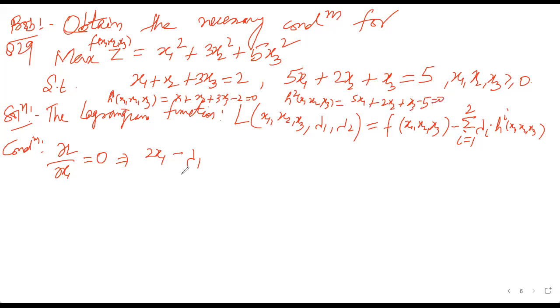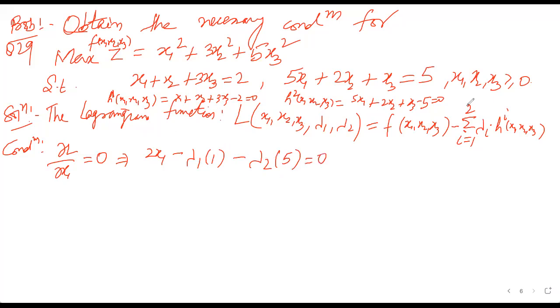So del h1 over del x1 is 1 and del h2 over del x1 is 5: 2x1 minus lambda 1 minus 5 lambda 2 is equal to 0.